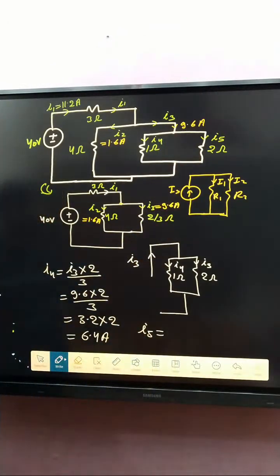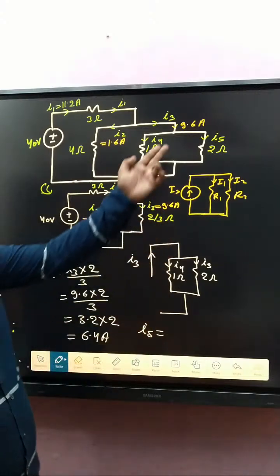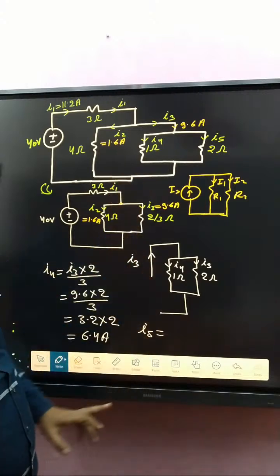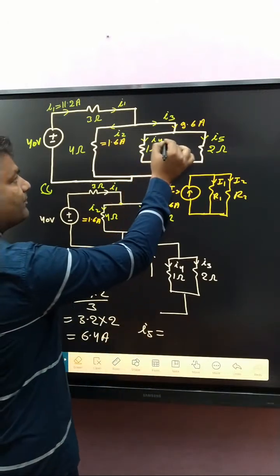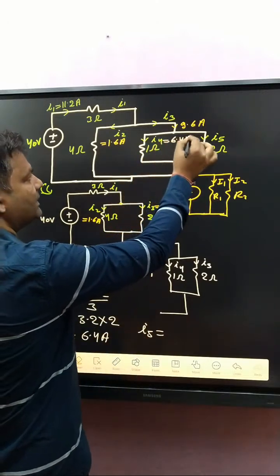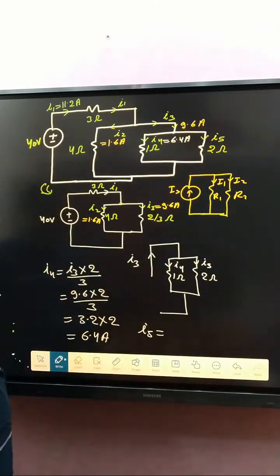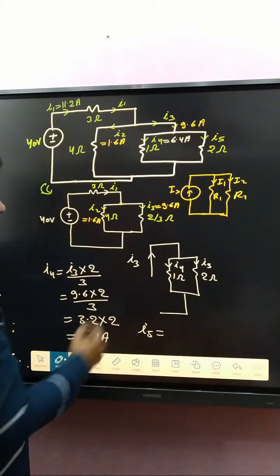Now, if you determine I5, then what about I5? You can apply KCL again. Incoming current 9.6. Here, how much? 6.4 ampere. Then this minus this, that is I5. Otherwise, you can apply the current division rule.